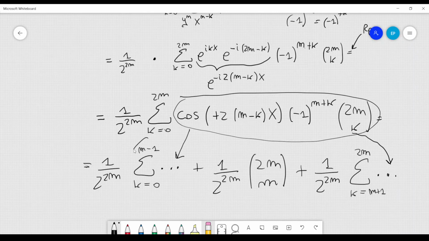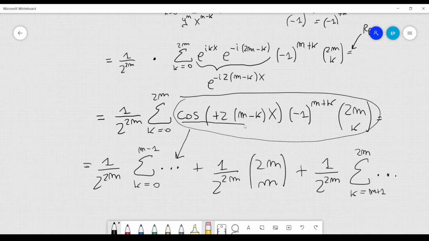When I consider these two summations, you can see that they will contain these terms, the cosine and then minus 1 to the power m plus k, and also this binomial coefficient, 2m choose k. But if you take a look at those terms, it is quite easy to prove that these two sums are equal.